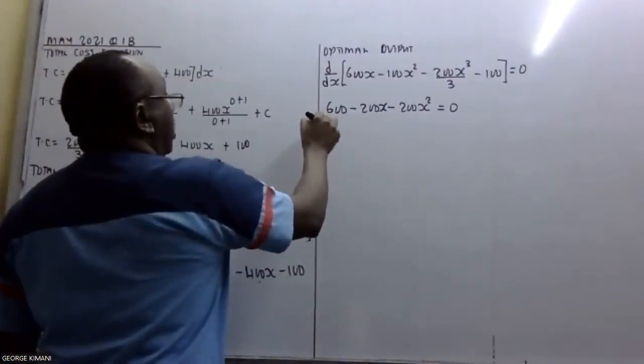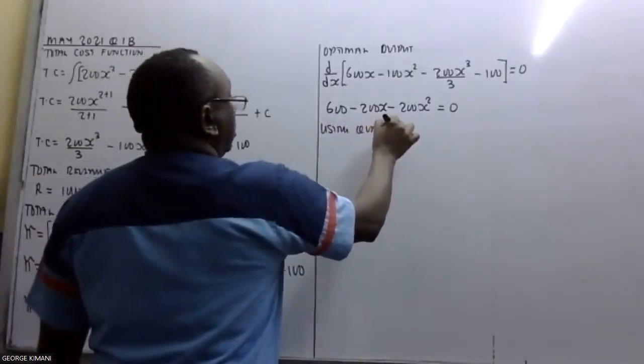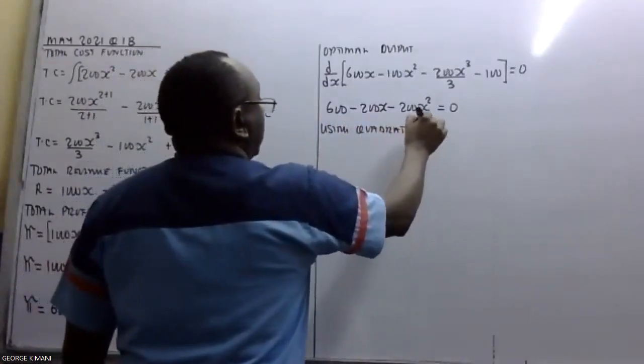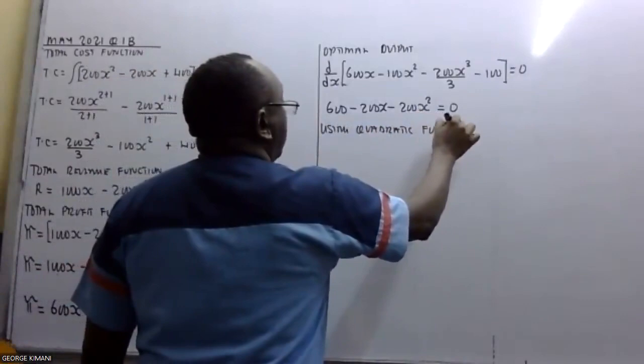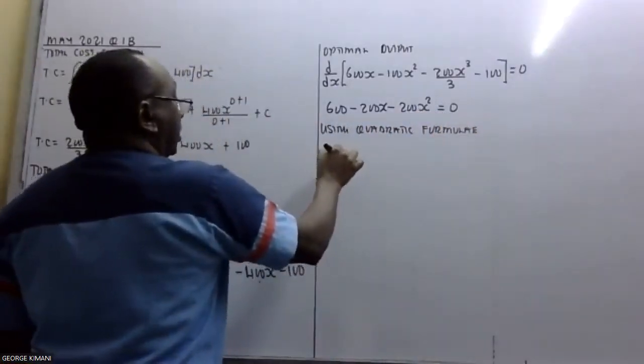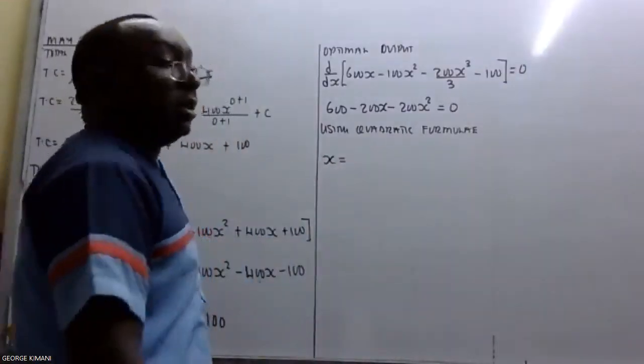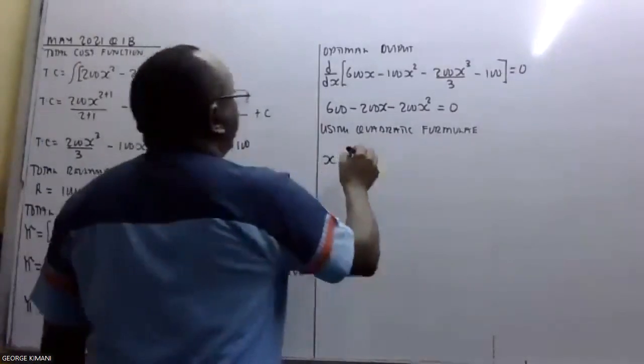So using quadratic formula, our x, because we have just written the formula in the other question, so we can just substitute straight.